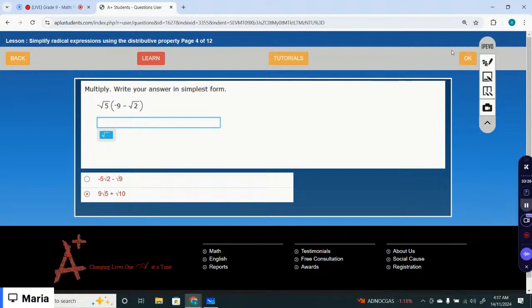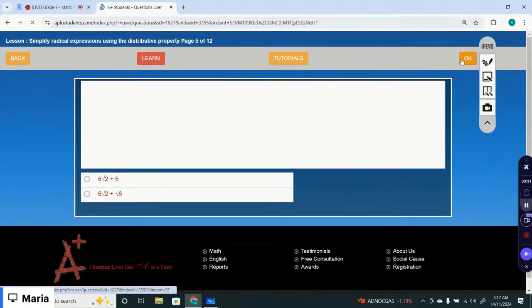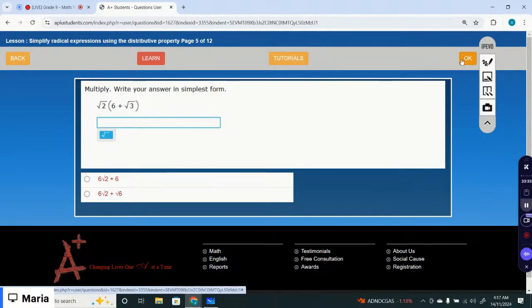Very good. Okay, the next one is multiply square root 2 times 6 plus square root 3. So which is the correct option?